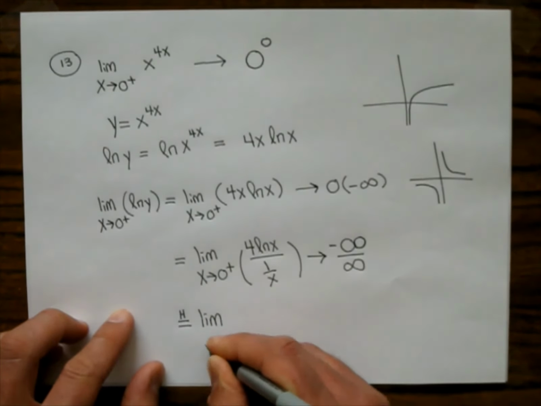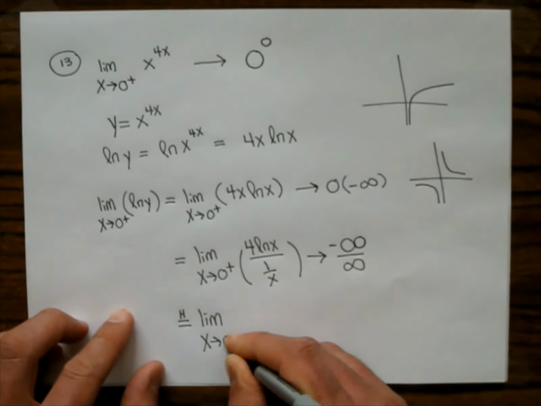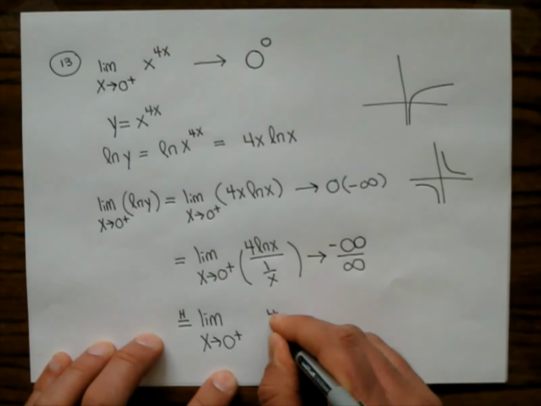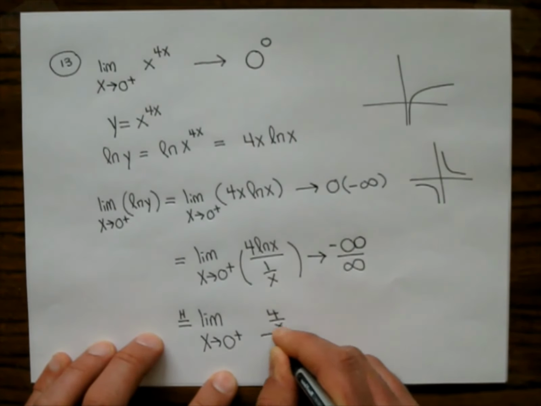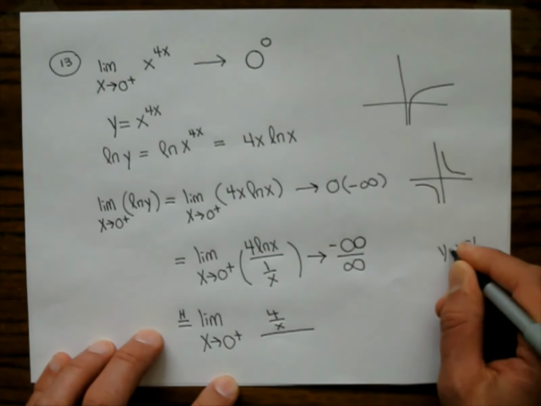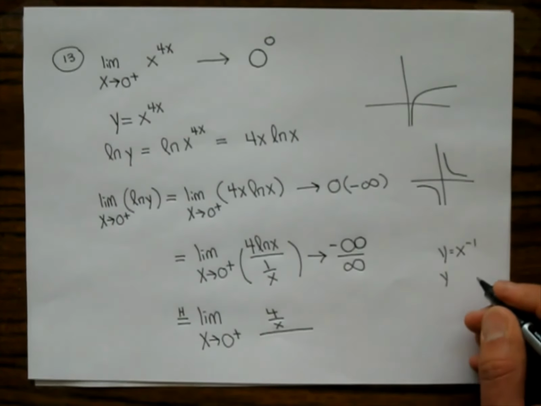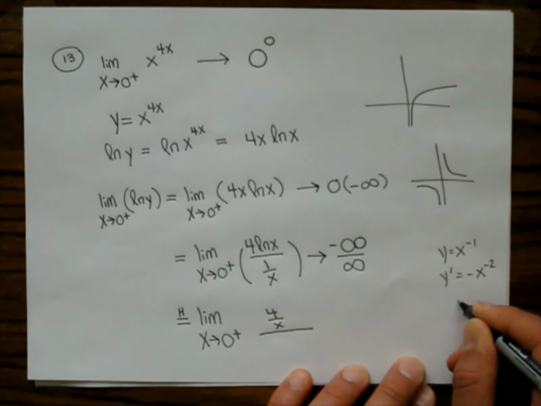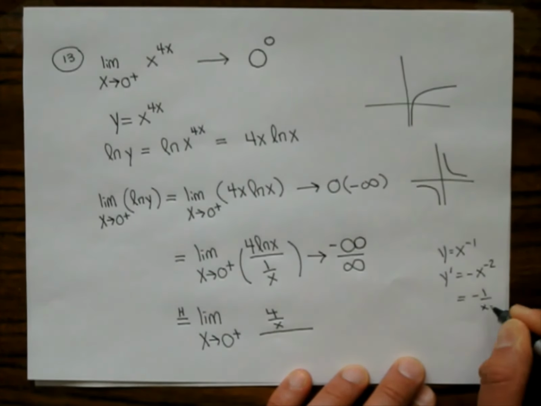Now, L'Hopital's rule says I take the derivative of the top, which is 4 over x, and I take the derivative of the bottom. Now, the derivative of the bottom, I'll write it off here, looks like this. x to the negative 1, and so this is going to be negative x to the negative 2, which is negative 1 over x squared.